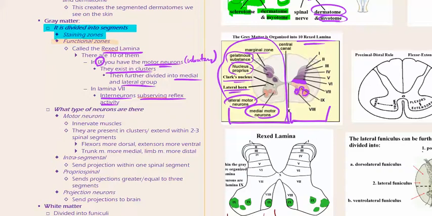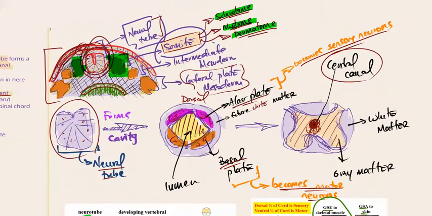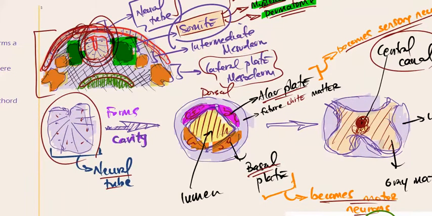Yeah, it's the splanchnic lateral plate mesoderm. You guys remember that? Yes, that's the one that leads to blood vessels and lymph nodes. Blood vessels, exactly.